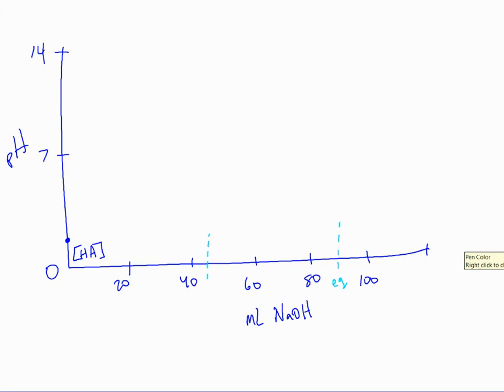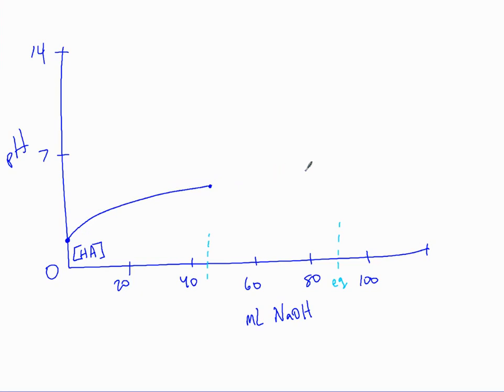What is it? 4.89. So 4.89, so something about here. And the graph will probably look something like this. They usually are fairly steep in the beginning, and then they level off with a mostly shallow slope.